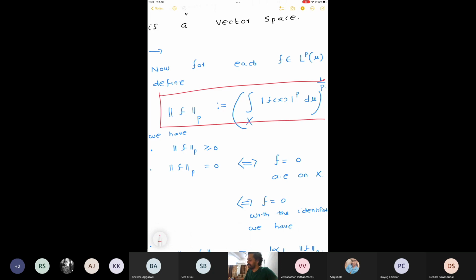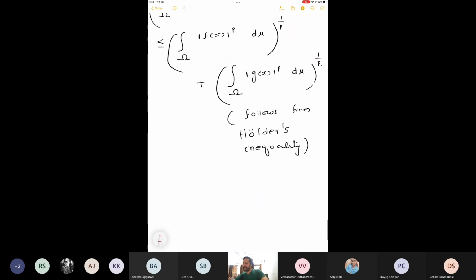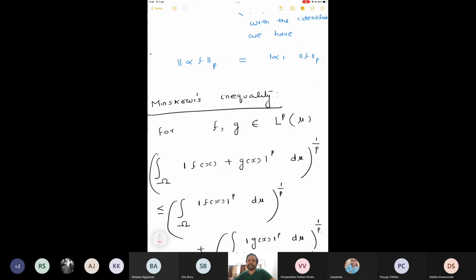Let me highlight here. Keep this definition in mind and look at the left hand side of Minkowski's inequality. What do you see? Norm of f plus g, less than or equal to, and what is the right hand side? Norm f plus norm g.